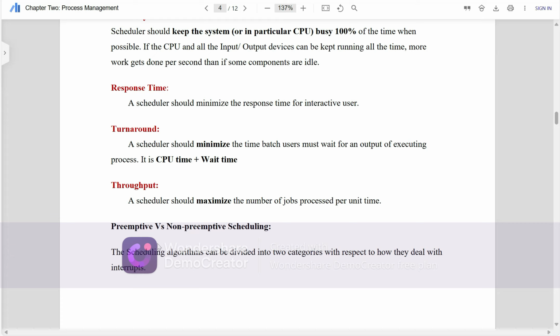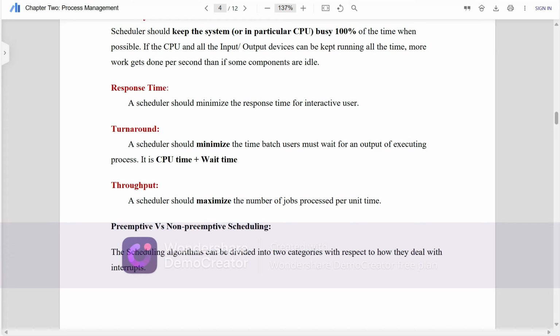Therefore, the turnaround time of the scheduler should be minimal as much as possible. This is the formula to calculate the turnaround time.